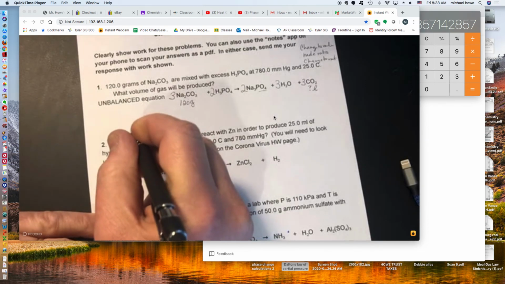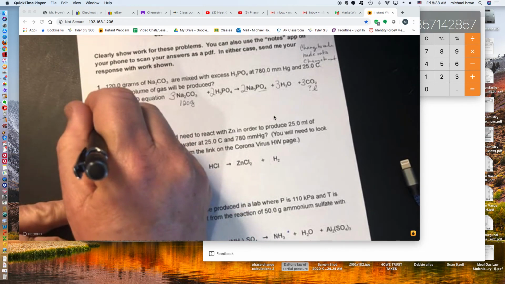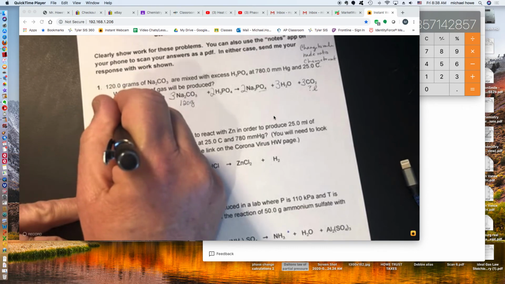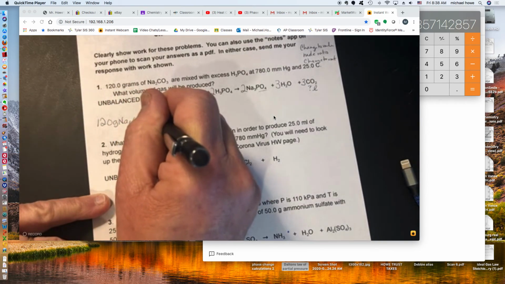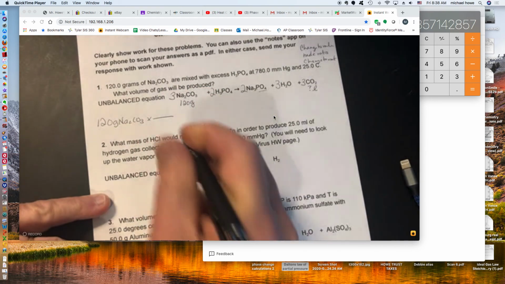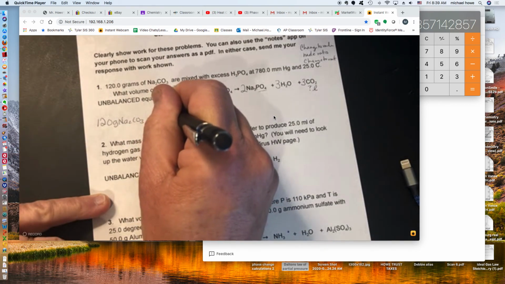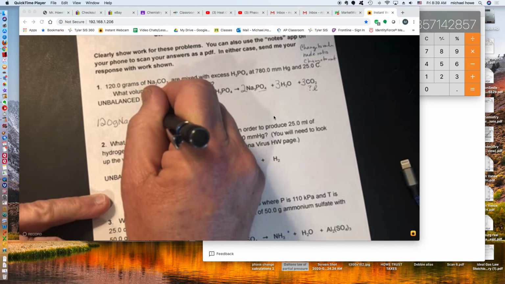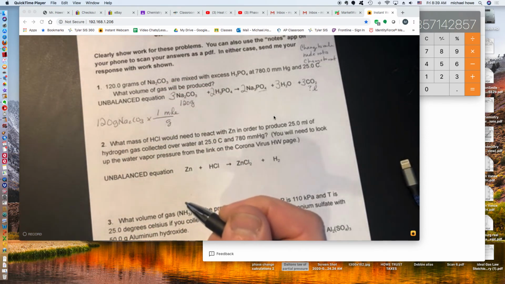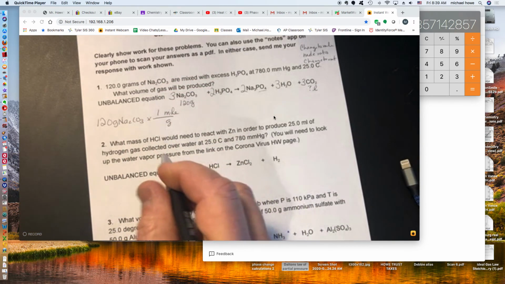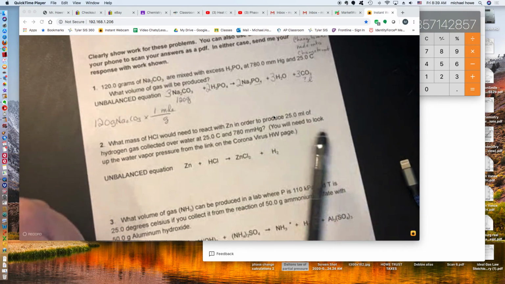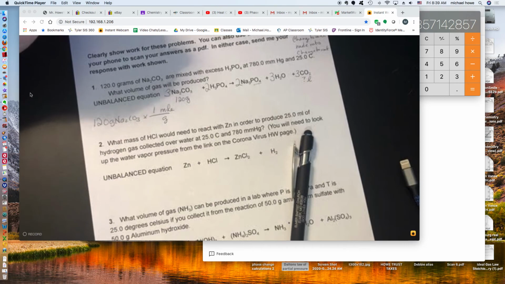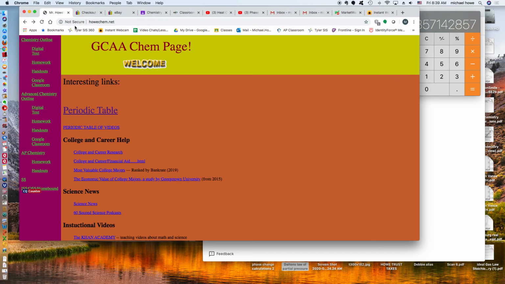All right, so 120 grams of sodium carbonate. We'll change that to moles. You need to put grams down here. You need to put moles up here. 1 goes in moles, except in the mole ratio. And then if you add up the weight of the sodium and the carbon and the oxygen, maybe I'll remind you real quickly how to do that.